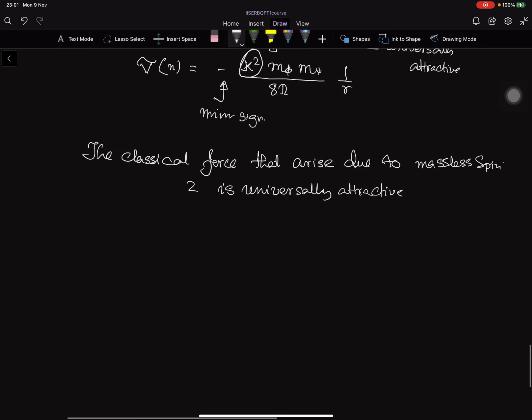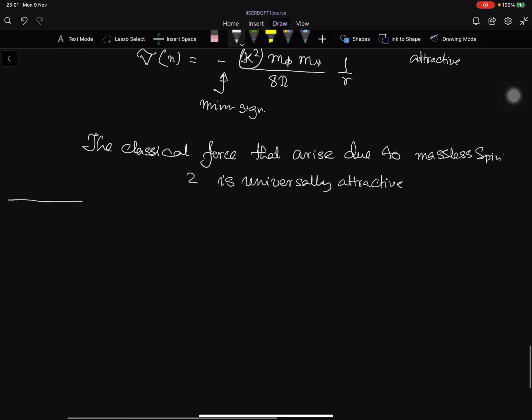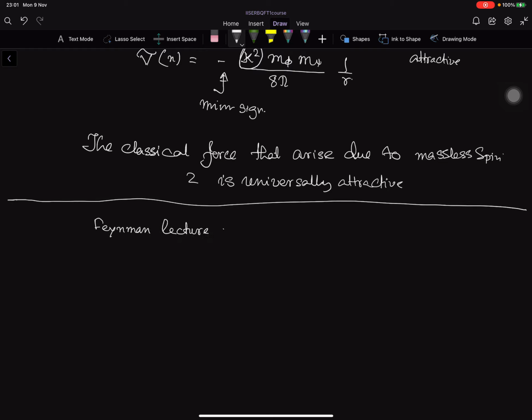So this is actually part of a more general statement which one can find in Feynman lectures on gravitation.